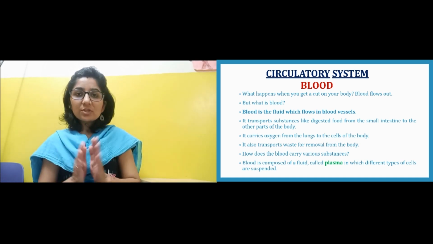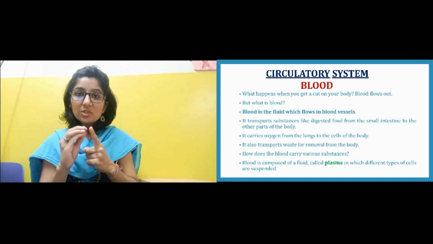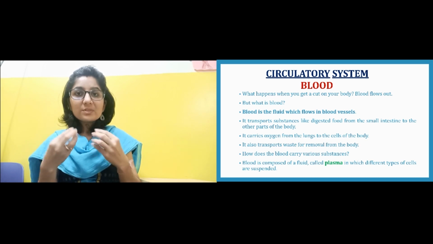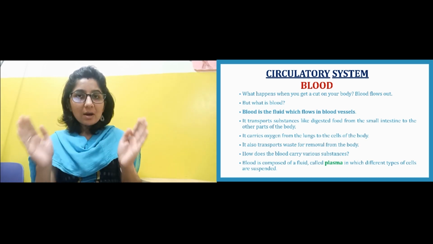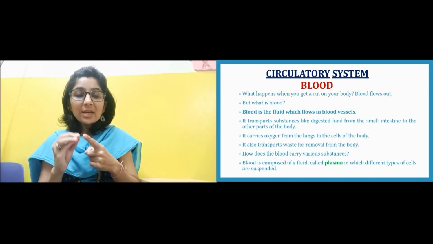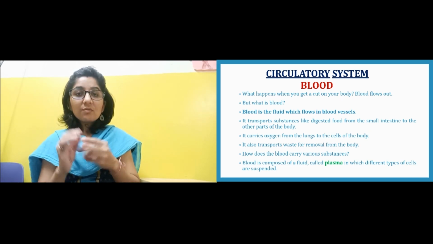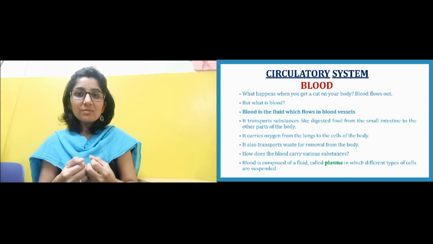So what is the function of blood? First, it transports substances like digested food from the small intestine, where the food gets digested, to all the parts of the body. And the blood also carries oxygen from the lungs. We have taken the oxygen to the lungs, we have seen it in the previous chapter.